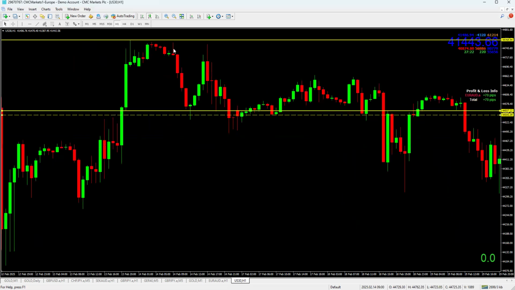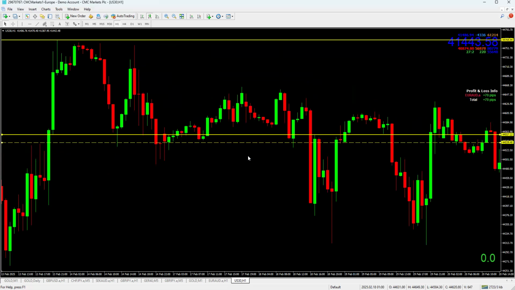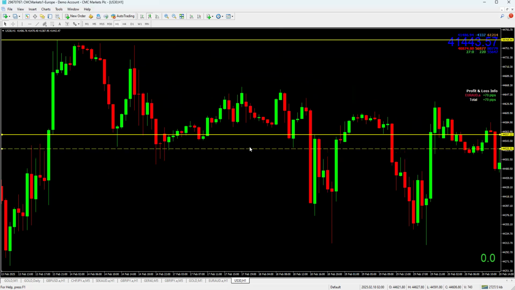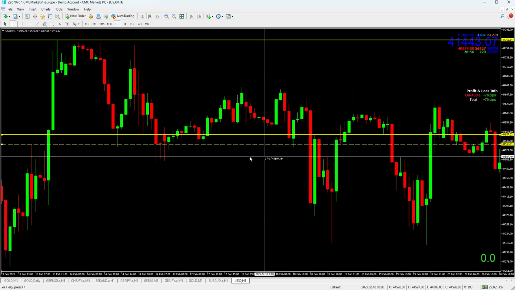The thing is, how do we measure TP1? We take the size of the range, which here is 2188. So from here, not from where you enter, because sometimes you might enter here. No, you're not going to take it from where you enter. You'll take it from the low of the range.